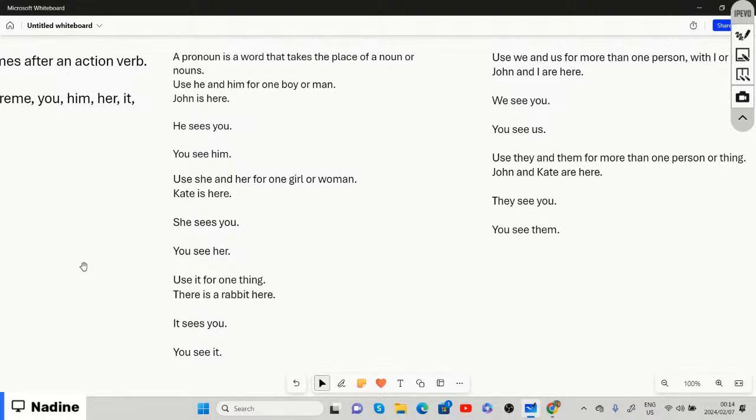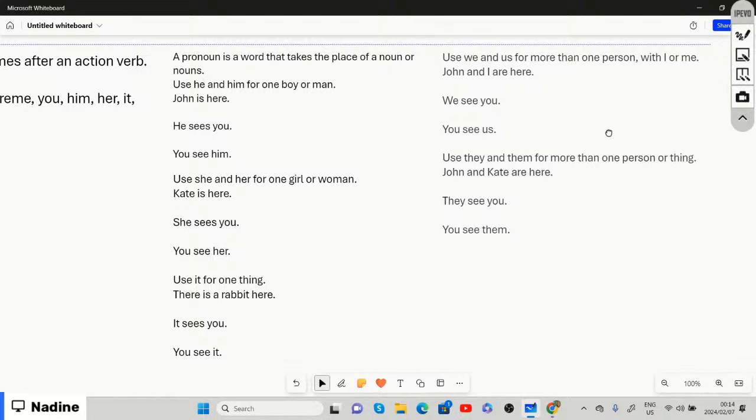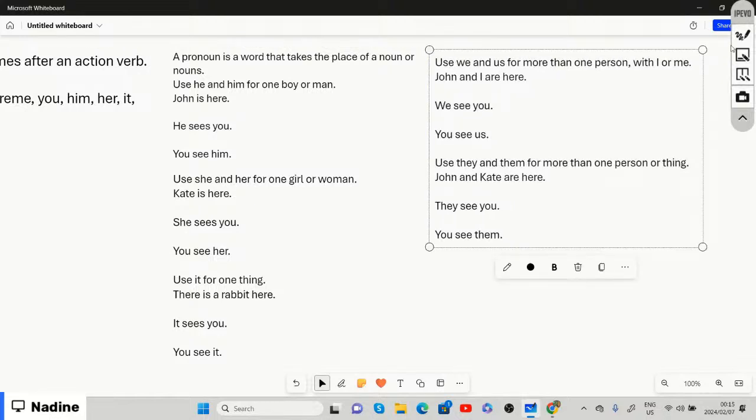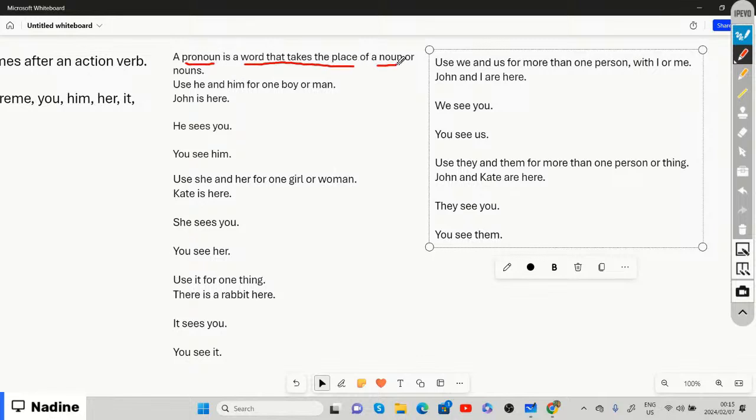All right, so now the question is, what is a pronoun? We mentioned we have subject pronouns and object pronouns, but what is a pronoun?